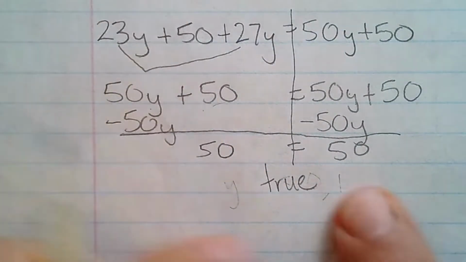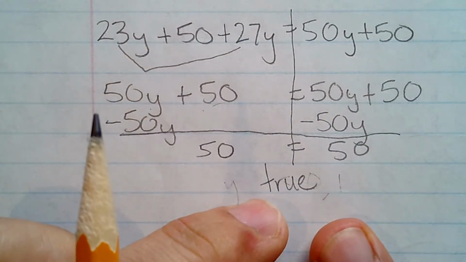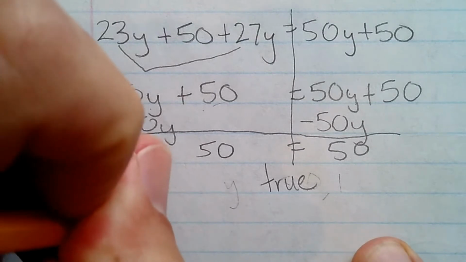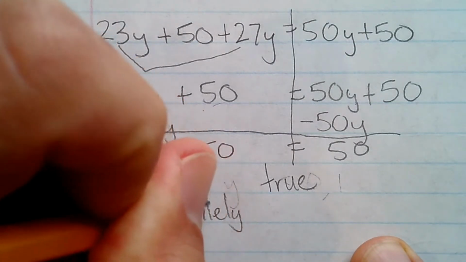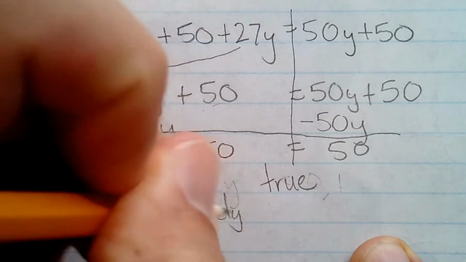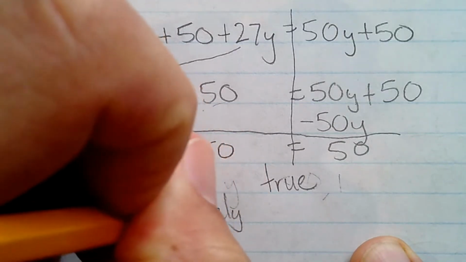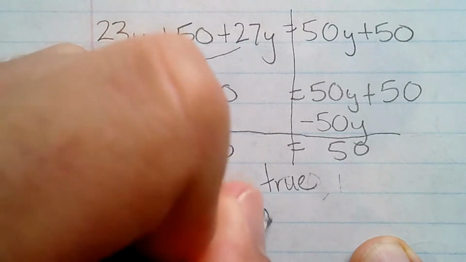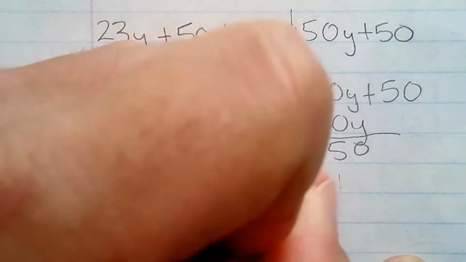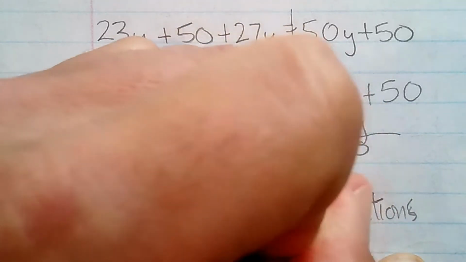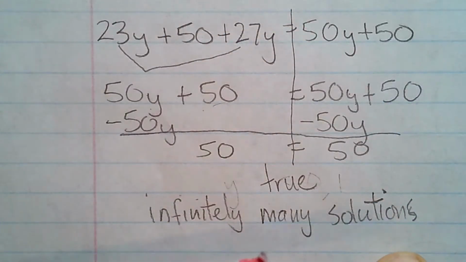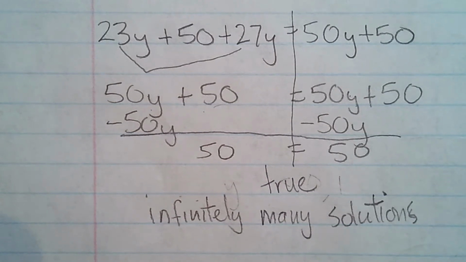So if you end up with a true statement in the end, then you would have infinitely many solutions to this particular equation. So I'm going to come back to here, and infinitely many solutions, that is it.